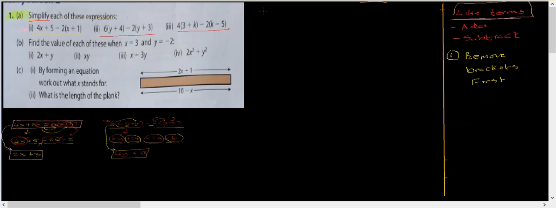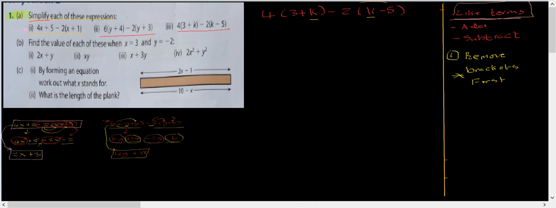So we have 4 times 3 plus k minus 2 times k minus 5. Now notice in this one they're using the letter k as a variable, and that's fine. It doesn't have to be x, it doesn't have to be y, it can be any letter. So the first thing you want to do is remove the brackets.